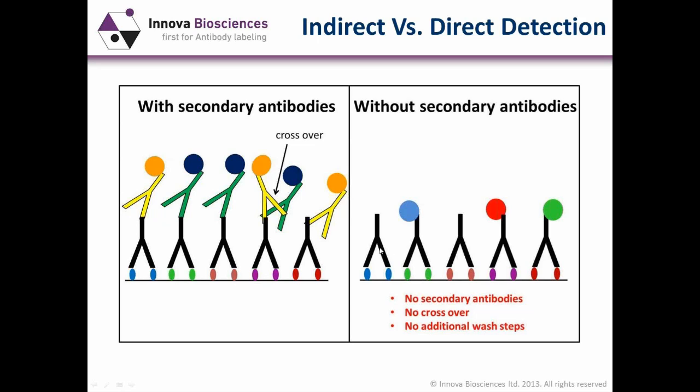So here, even though they've all been raised in the same species, we have them all labeled with three different labels. Therefore, by using the appropriate gel documentation system and Western blotting technique, you can detect the different proteins simultaneously and probe them at the same time.